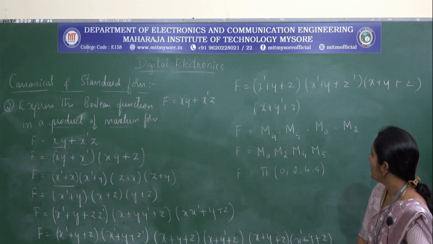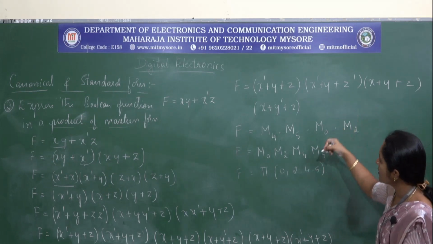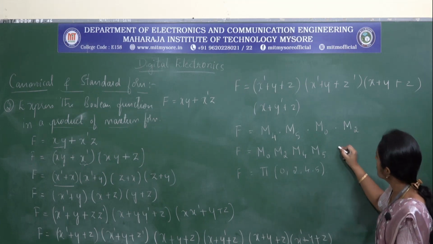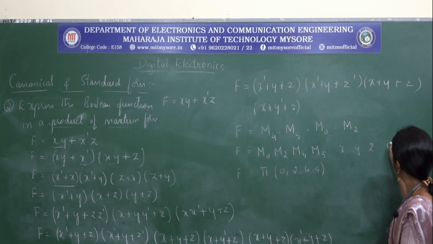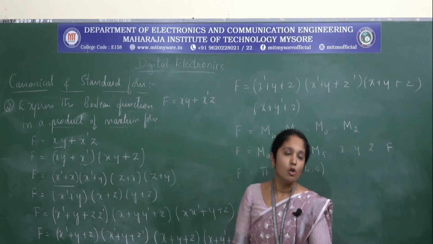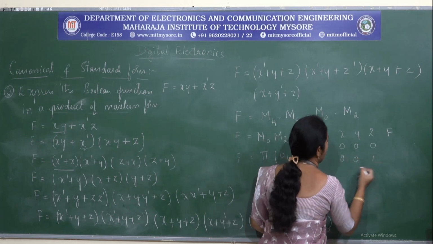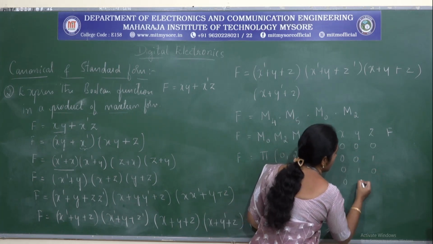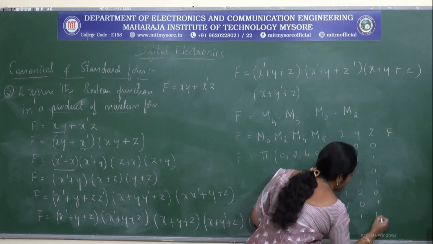If you want to represent the truth table, we can have it like this. We have x, y, z as variables and f as the function. Here 0 0 0, 0 0 1, 0 1 0, 0 1 1, 1 0 0, 1 0 1.